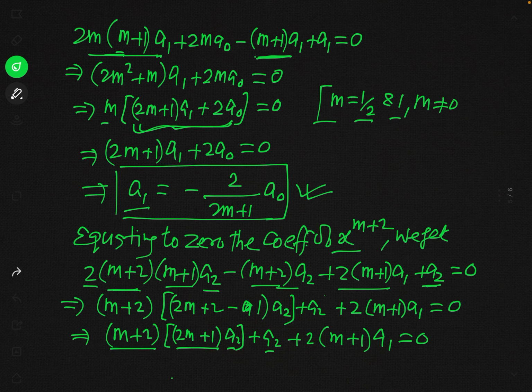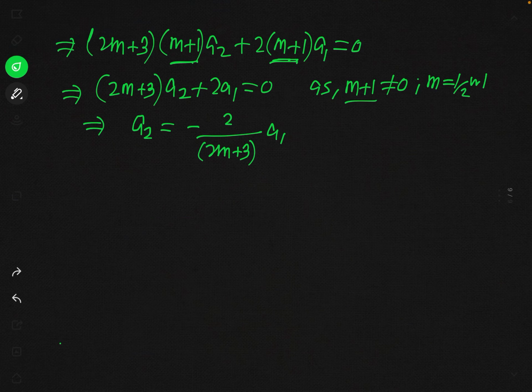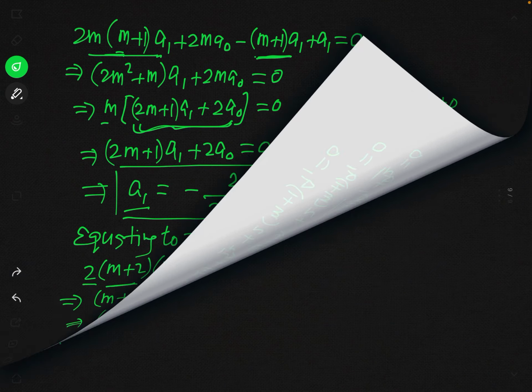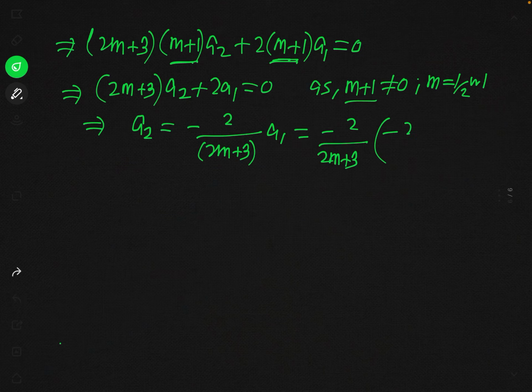So let us substitute the value of a1, which is minus 2 by 2m plus 1 into a0. So this is minus 2 by 2m plus 3, and the value of a1, again, is minus 2 by 2m plus 1 into a0.